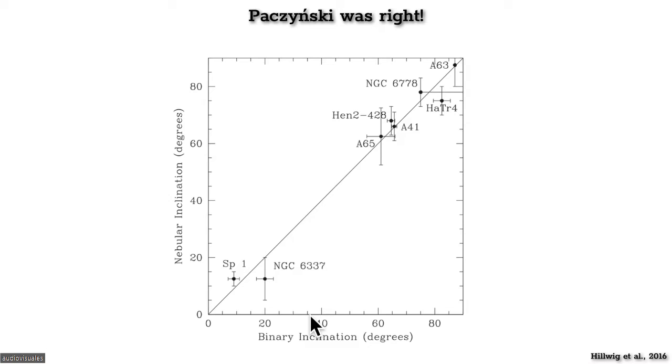It's ejected preferentially in a bipolar shape; most of the material is actually in the equatorial plane, but they have this bipolar shape. The alignment works perfectly when you are able to measure both the inclination of the nebula and the inclination of the binary. This means there's a 1 in a million chance that this is just by pure luck. So Paczynski was right, and planetary nebulae can be shaped by these close binaries.